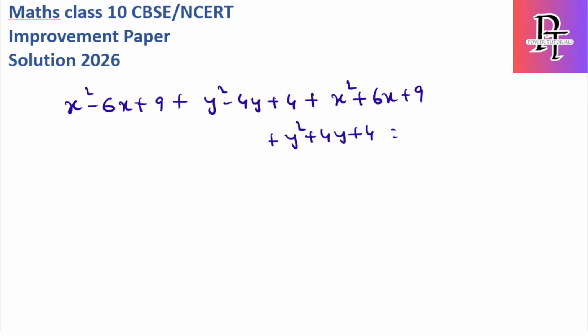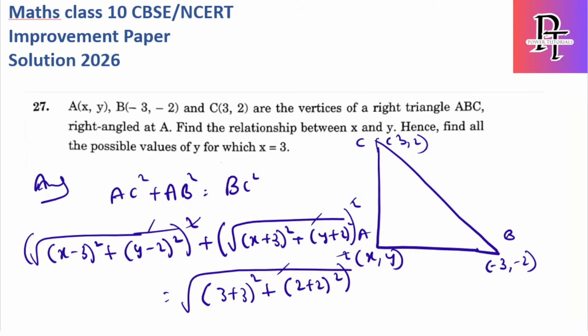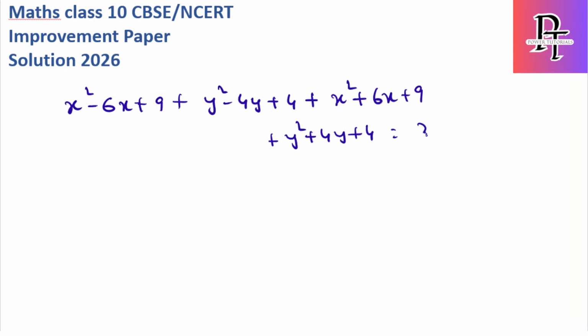So this is equal to what? (3 plus 3) whole square is 6 square, so 36, plus 2 plus 2 is 4 square, which is 16. If you notice here, minus 4y plus 4y gets cancelled out, and the 6x terms cancel too.